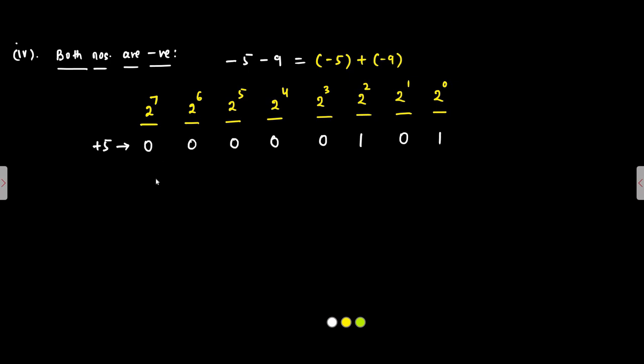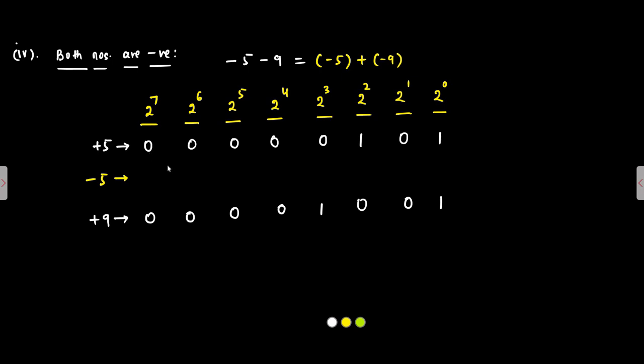Okay, then we have plus 9, which is 8 plus 1. So here 2 to the power 3 and 2 to the power 0. Okay, remaining they are zeros. Okay, now minus 5, 1's complement of plus 5.